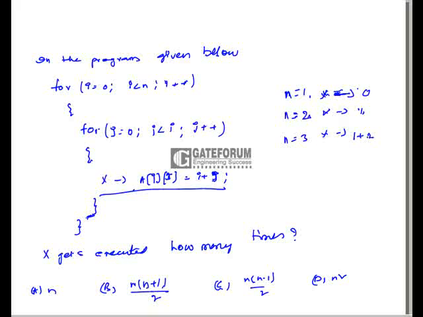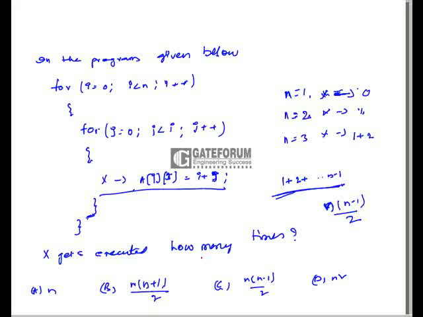For n is equal to 3, it is executed 1 plus 2. If we generalize this, it is executed 1 plus 2, and so on up to n minus 1. So these many times it is executed. This is nothing but sigma n minus 1, which is nothing but n into n minus 1 by 2.